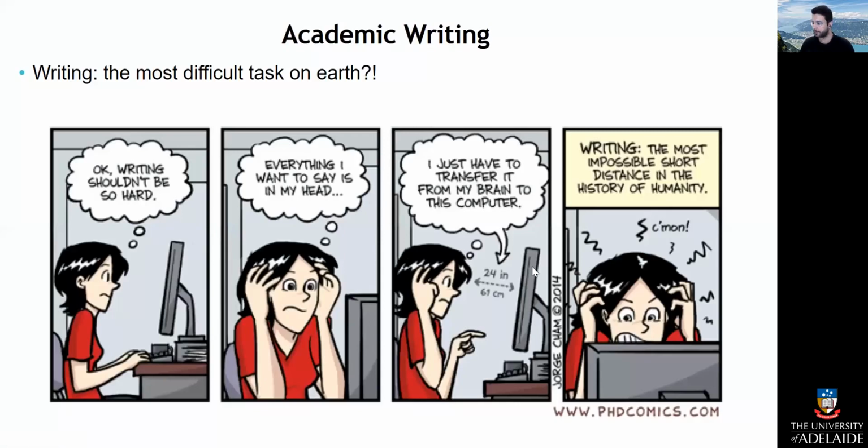I think many of us might have been in this situation before, where you are trying to write something, trying to basically transfer your thoughts onto your computer, on a paper, wherever that is, and you might become frustrated. You think writing, specifically academic writing, is the most difficult task in the world.